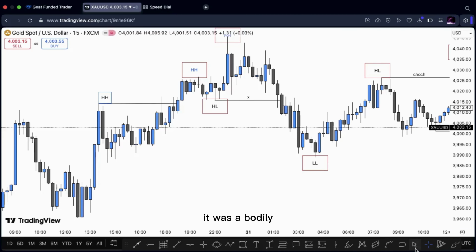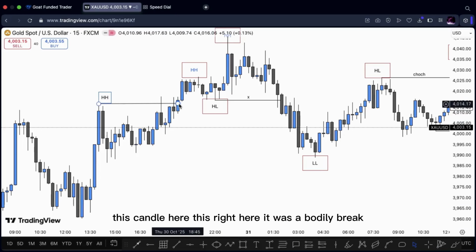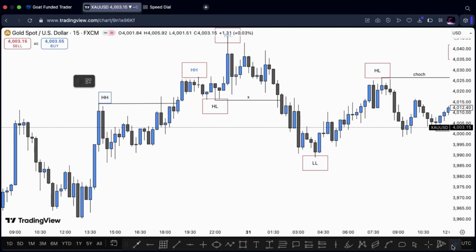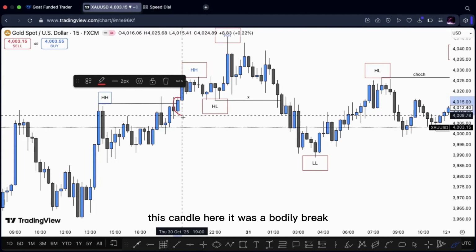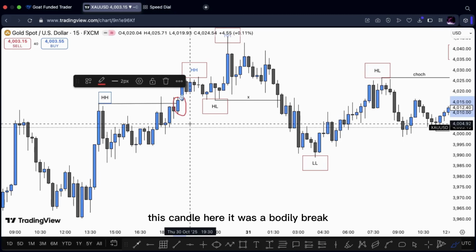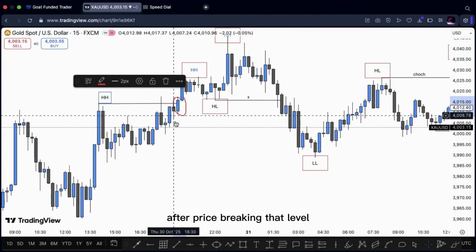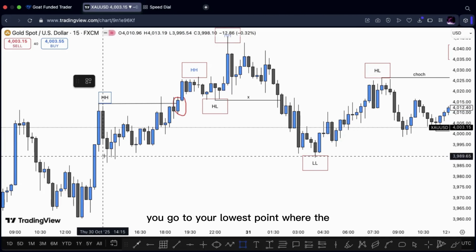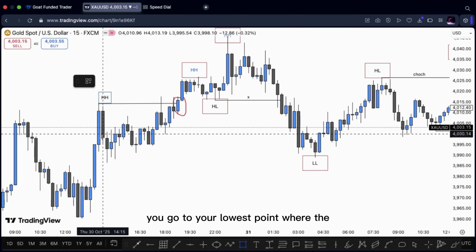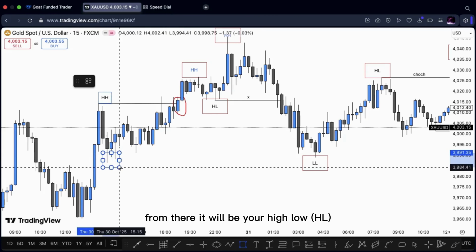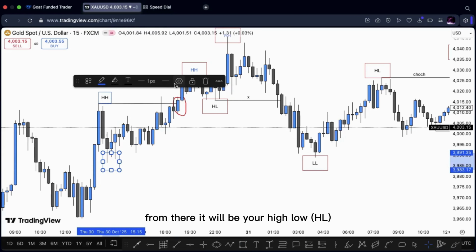It was a bodily break. This candle here, it was a bodily break. So that will tell me that price has broken this level. After price breaks that level, you go to your lowest point, where price stopped retracing from, there it will be your high low.